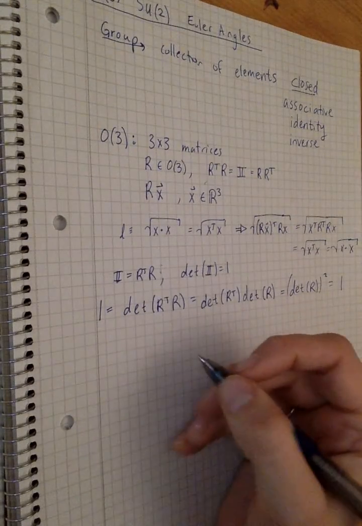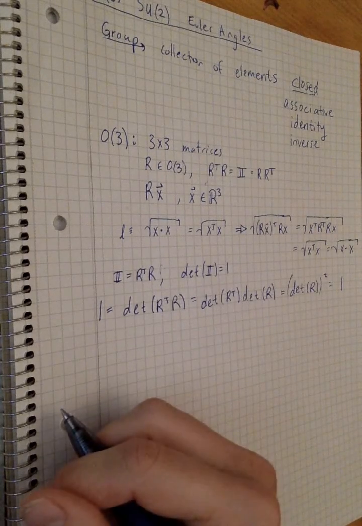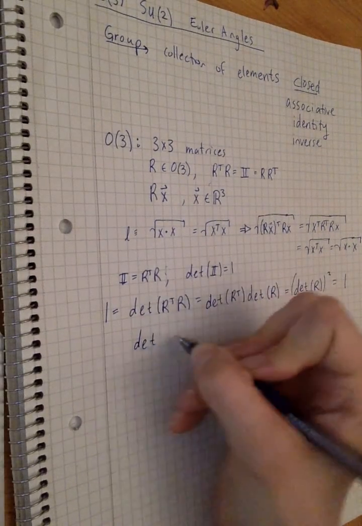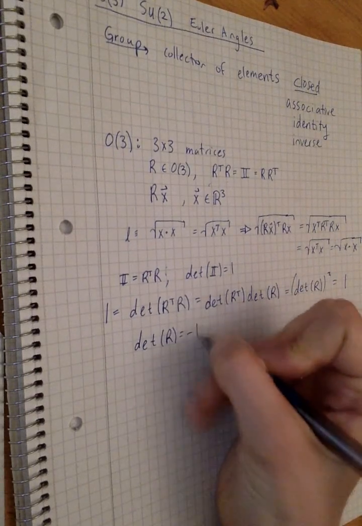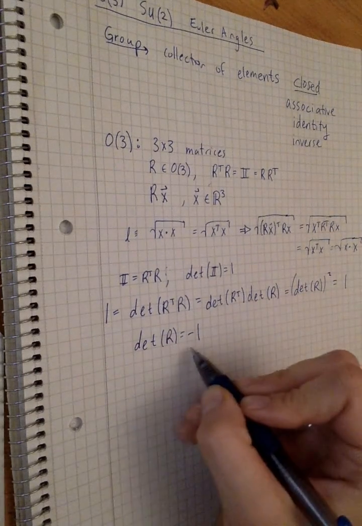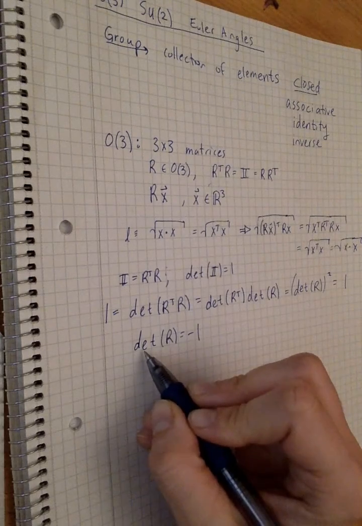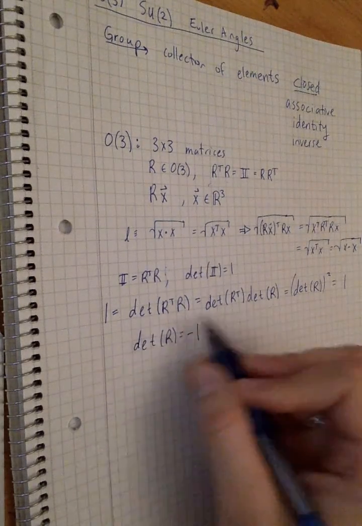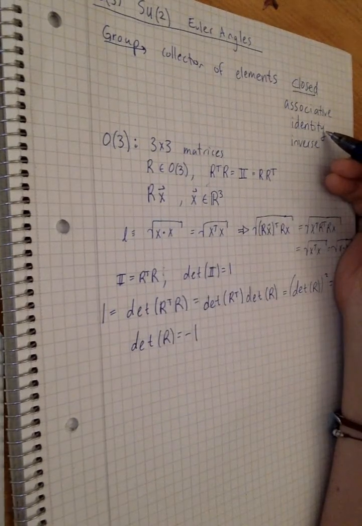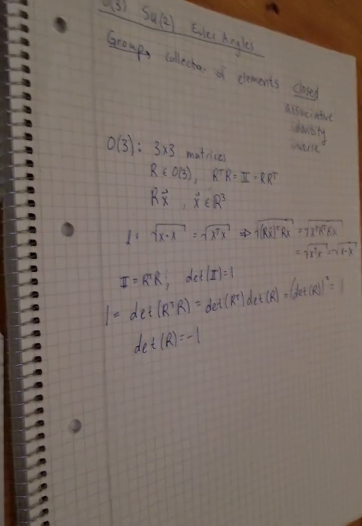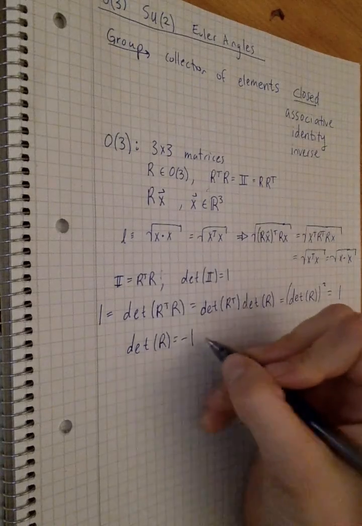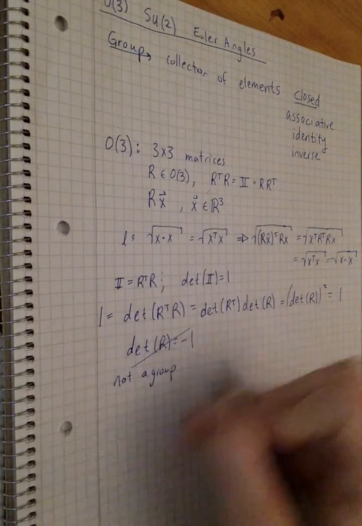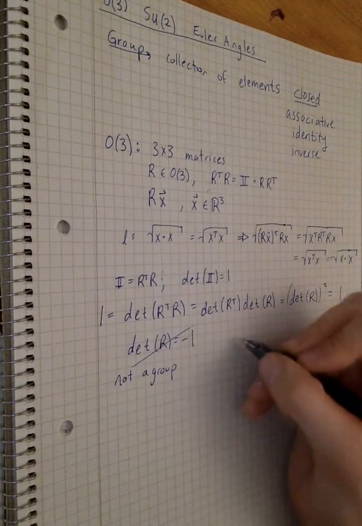Now, that leaves us with two sub-collections of this group. I call them sub-collections because in the collection in which the determinant of R is equal to minus 1, we notice that the determinant of the identity equals 1, and so this sub-collection does not include the identity, so it's not a group. This one's not interesting to us because of this reason.